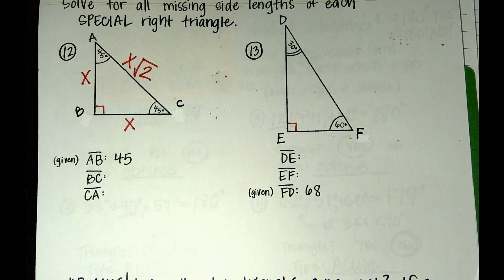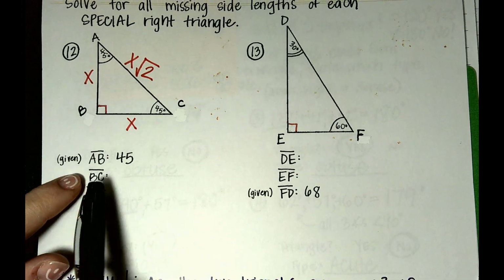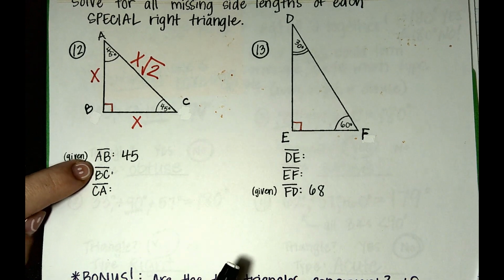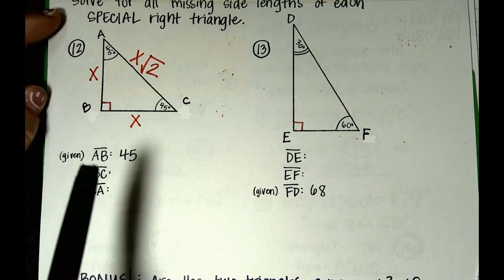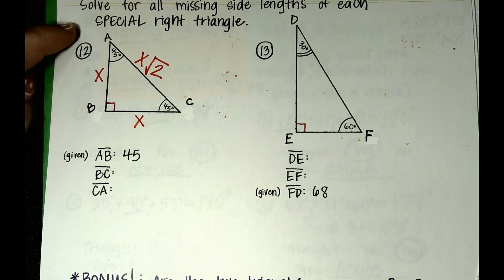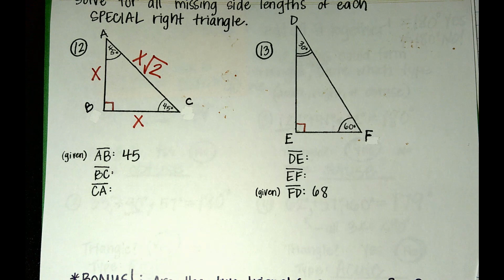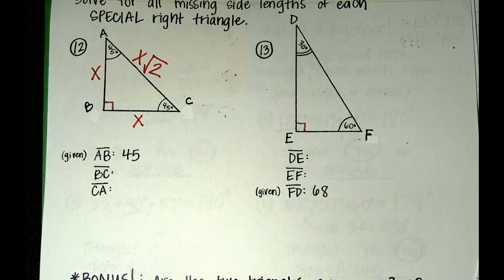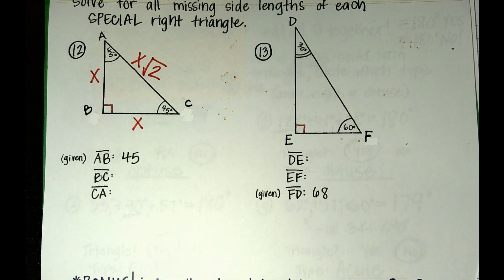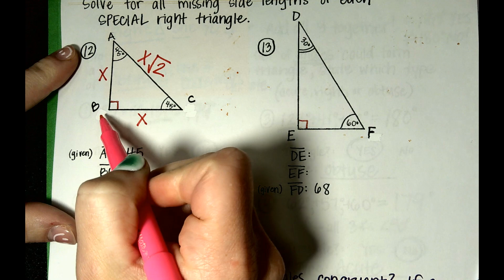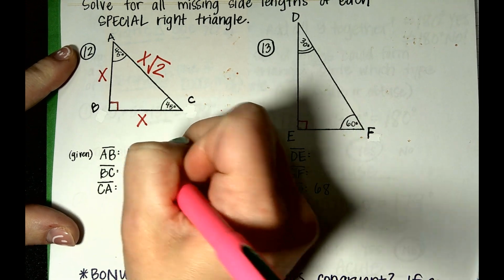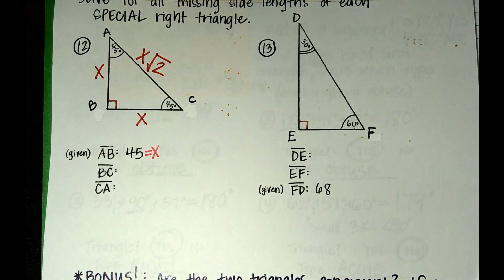Okay, so for number 12, I know that A to B is 45. I didn't give you units. If it helps, you could write inches or something. What is also AB according to our picture? X. A to B is X. So 45 equals X. What else do we know?